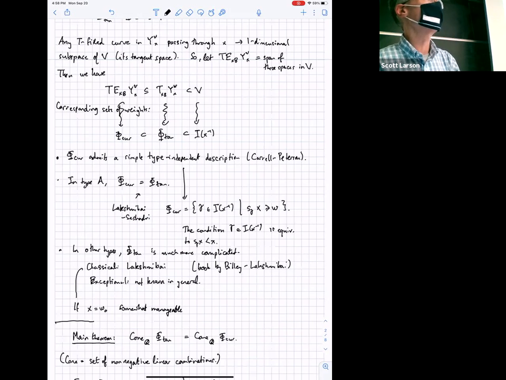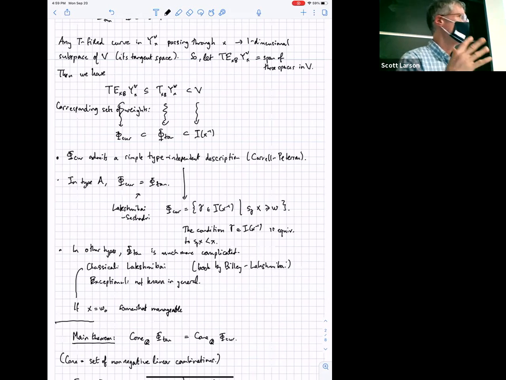For classical types, there is this result of Loxton which does give a description of the tangent space in every type, but it's really quite complicated. Even the Bruhat order in type D, if you describe it with subsequences of sign permutations, is a little bit complicated with parity issues.